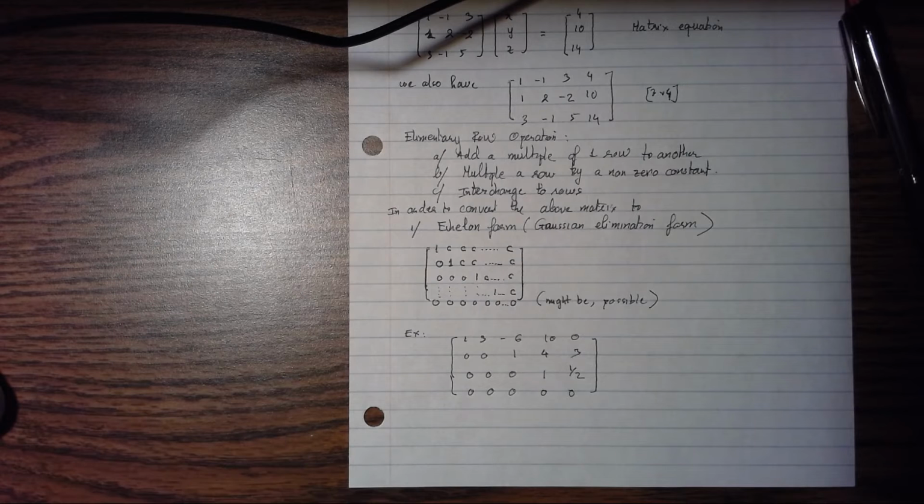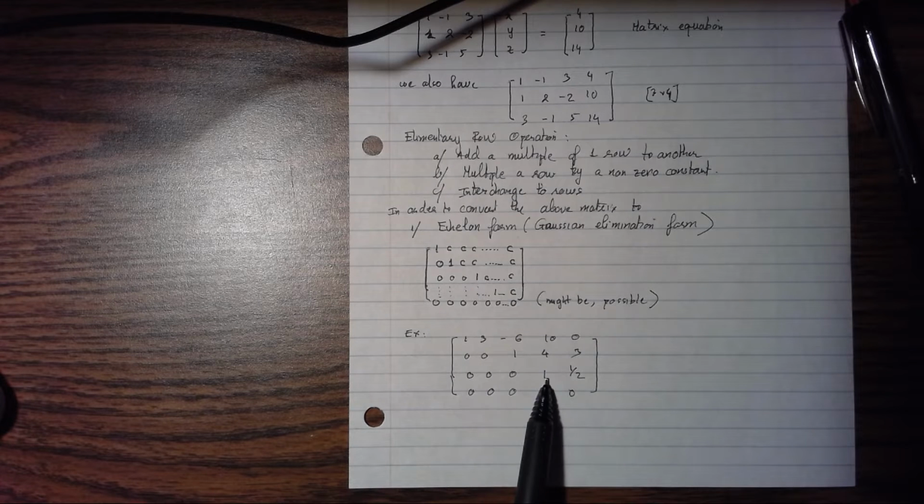Now just look at this example. You see that every non-zero leading entry is 1, and it's always to the right of the non-zero leading entry of the previous row.